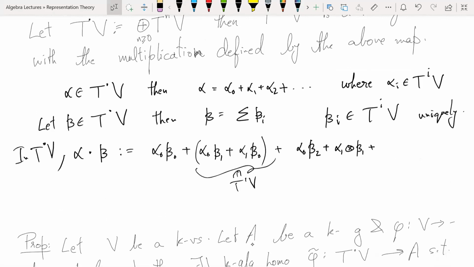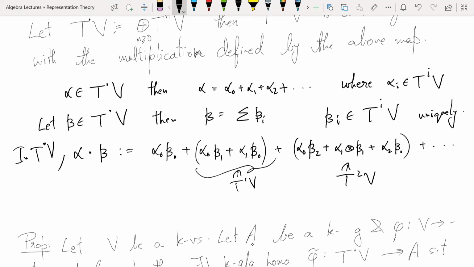Plus, what do we get here? Alpha 2 times beta 0. Beta 0 is an element of the field. You multiply it with an element of T2V, you still get something in T2V.